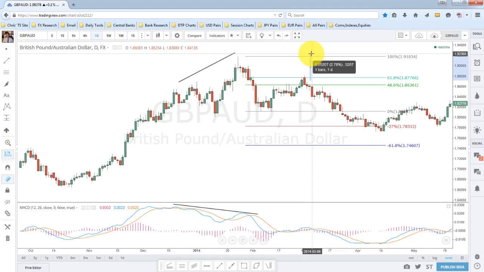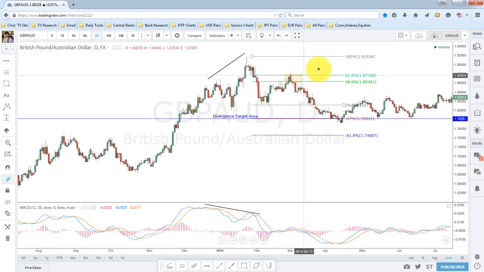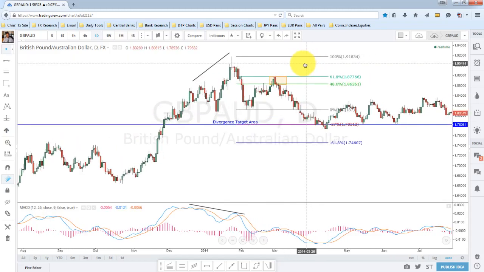What would we want to do at this level? We would want to watch the smaller degree time frame and isolate this zone. Okay, we know we're looking for a potential turn somewhere in this zone, and we're going to look for a smaller degree time frame setup to enter into this trade. Unfortunately, I can't go back to the intraday time frames on this particular date.